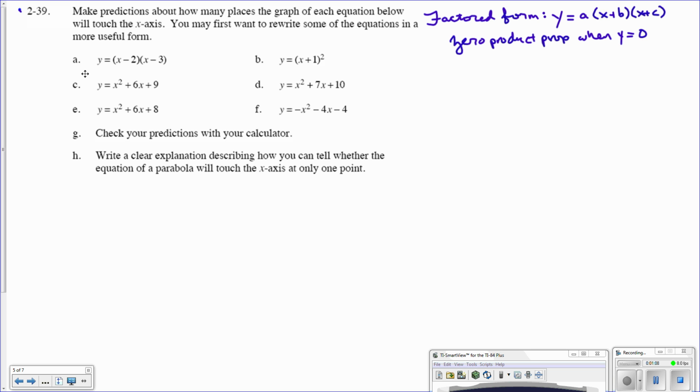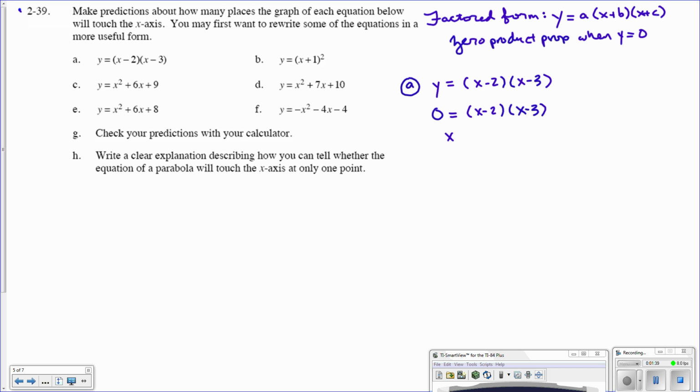So for instance, let's look at A. For letter A, we have y equals the quantity of x minus 2 times the quantity of x minus 3. Now, if we want to figure out where it's crossing the x-axis, let's put 0 in for y. And we'd have 0 equals x minus 2 times the quantity of x minus 3. And this is where we would use that zero product property.